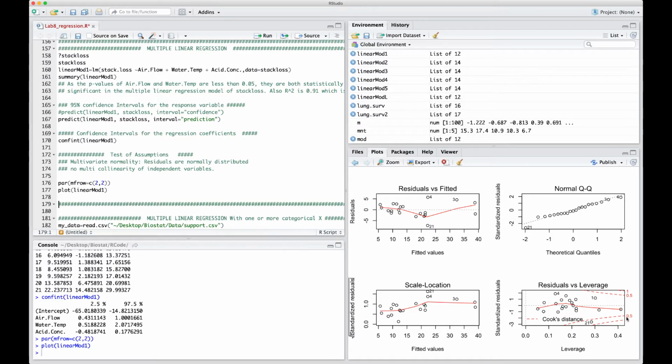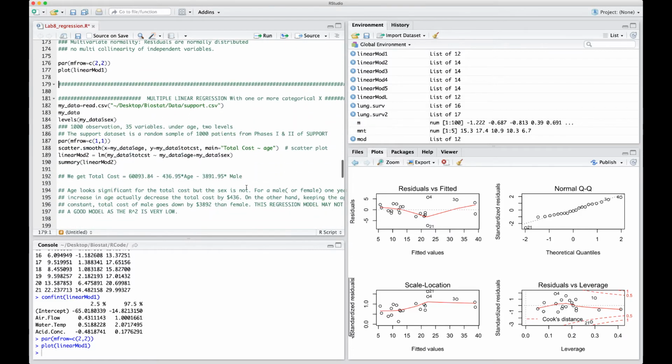You see that outside the 0.05 Cook's distance, the 21st data point is outside. So maybe you should try to remove this data, okay, and then do all this process again. It may give you a better fitting, and you will even get better p-values, better r-square values, better RSE values, and so on.